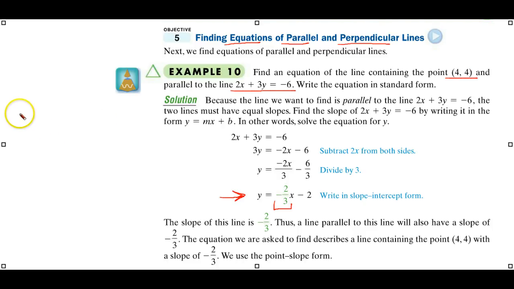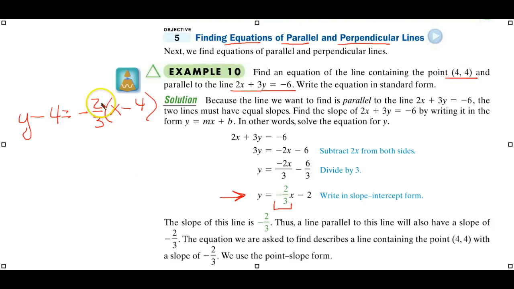So let's do that. So y minus 4 equals the slope of a line parallel to this, a negative 2/3 times x minus, now our x element, 4.